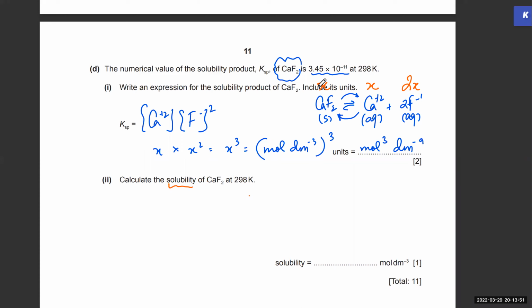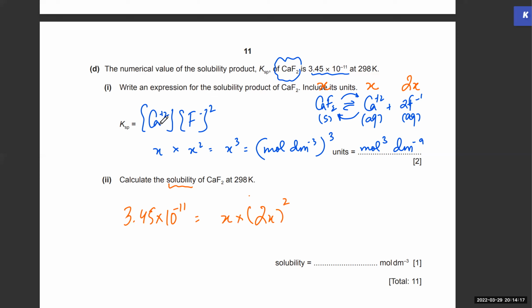I'm going to substitute these values into this expression. The Ksp value is already with us, it's 3.45 times 10 to the power minus 11. The calcium ion concentration is X mol per dm cubed, and the fluoride ion concentration is 2X mol per dm cubed.